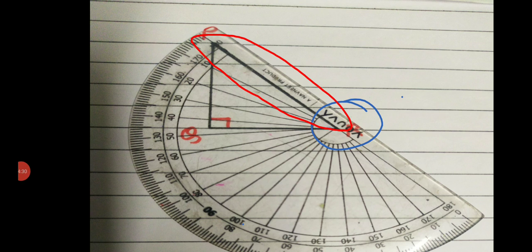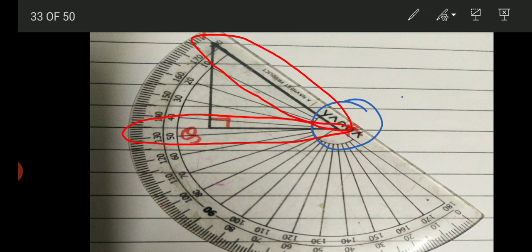And the second arm of angle R is moving towards the degree that is again 45. So with this we can conclude that the measure of angle R is also 45 degree.